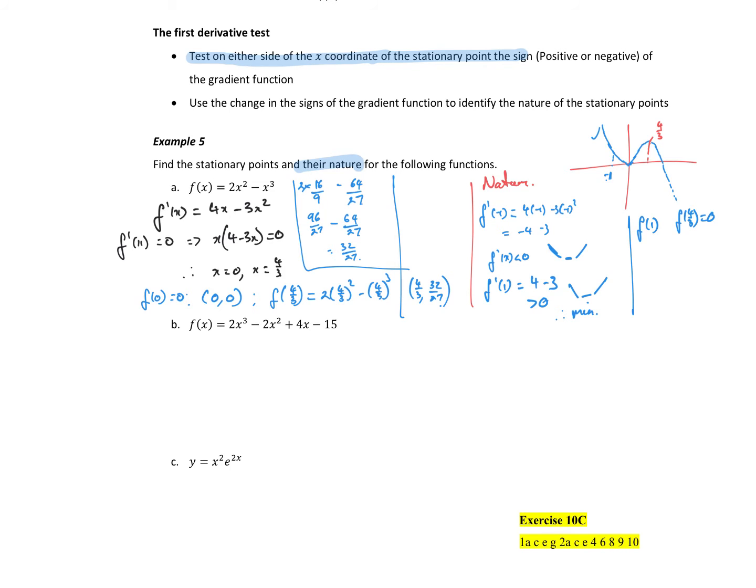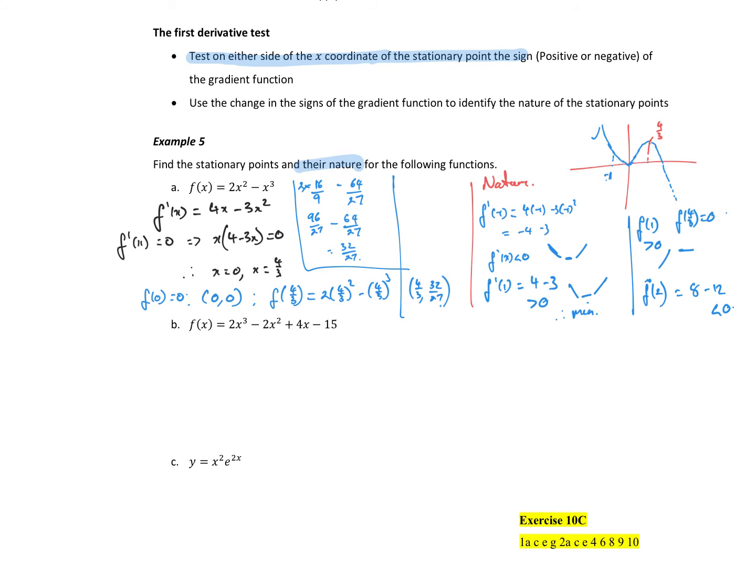If I want to check at 4/3, f dashed of 4/3 is equal to 0, and f dashed of 1 I've already checked, and that's greater than 0. So I've got greater than 0, equal to 0. Pick a number greater than 4/3, say just 2, a number that's easy to work with. f dashed of 2 is 4 times 2, which is 8, minus 3 times 4, which is 12, which is less than 0.